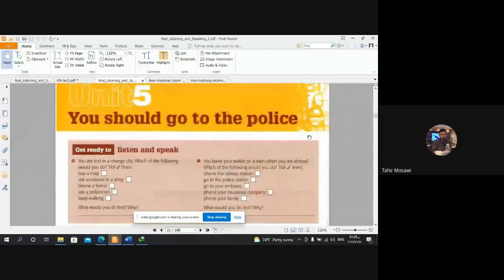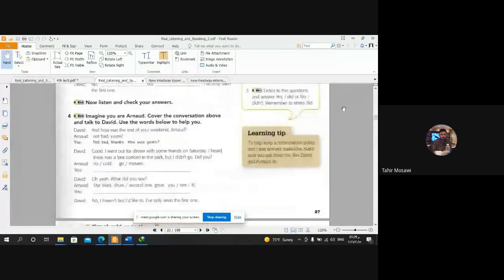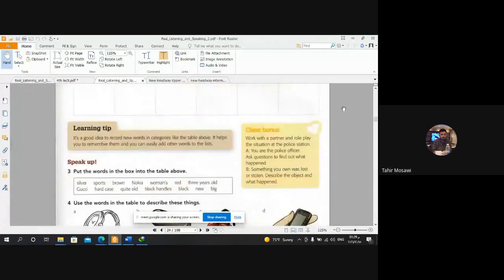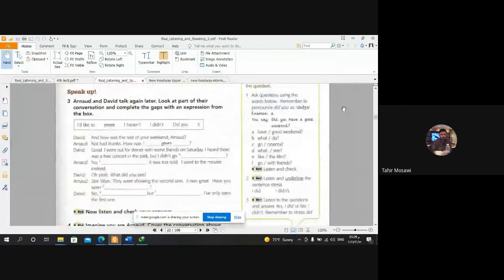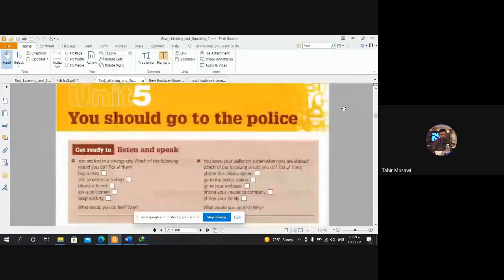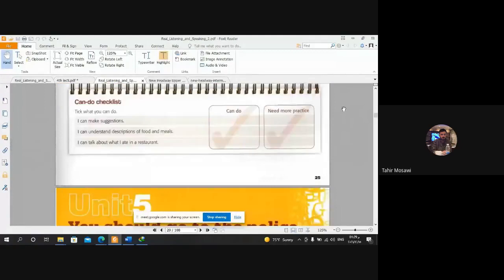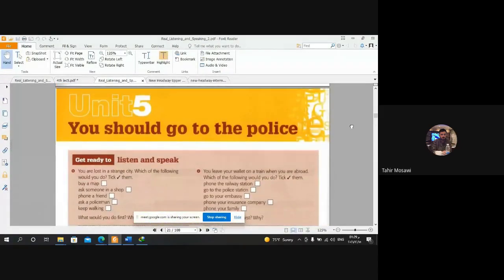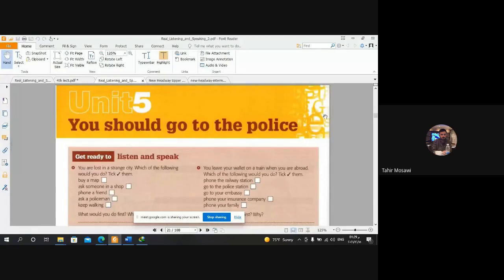So this is related to losing something when you are in a different country. It covers ways and strategies for going to the police if you lose something or have a problem. Unit 5 is also an interesting unit.